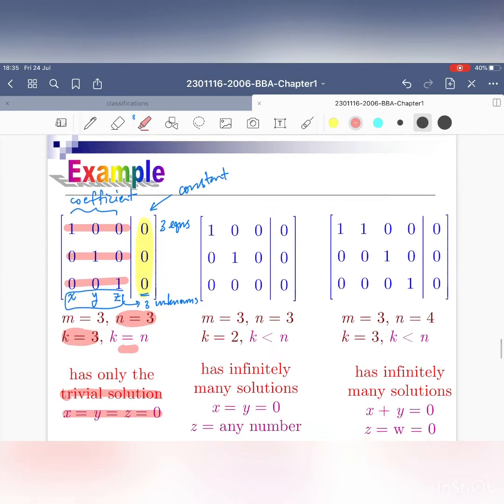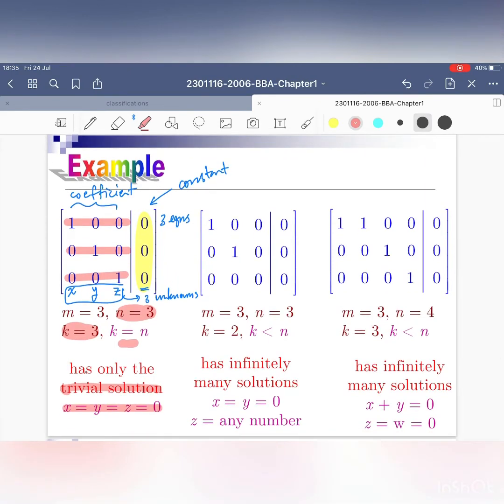How about this one? Of course, you still have 3 equations. However, for the non-zero rows, you have only 2, and that is strictly less than the number of unknowns, which is 3. Then this system contains infinitely many solutions. And what is that solution? This is for your variable x, this for y, and that for z. This is the coefficient of x, so x equals 0.